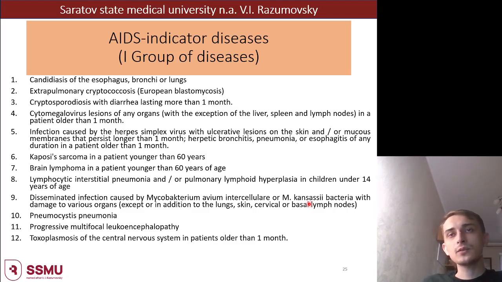The first are candidosis of disseminated localization. It may be candidosis of the esophagus, bronchus, or lungs.